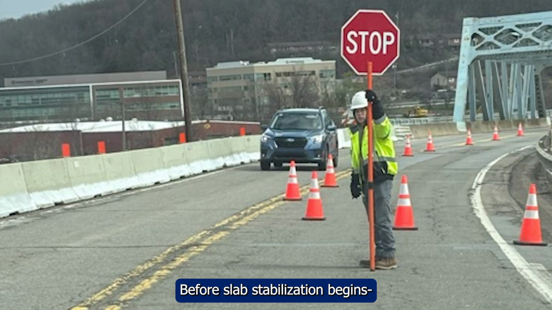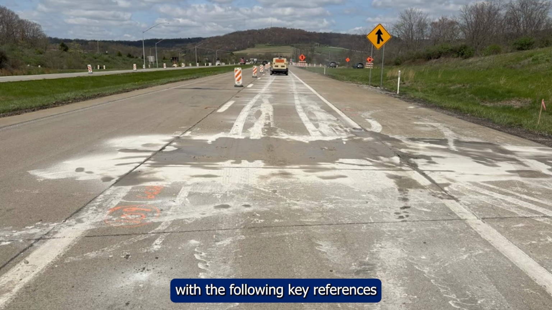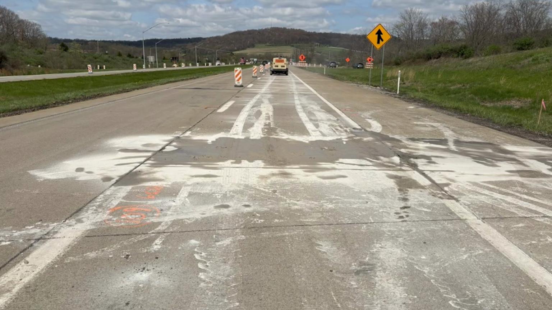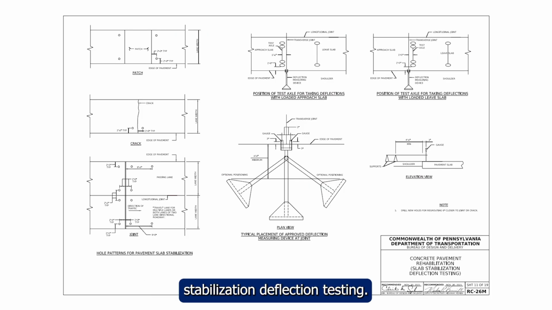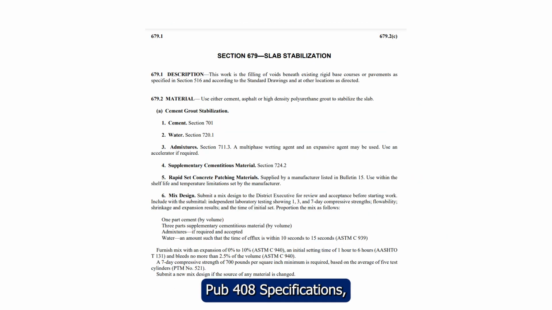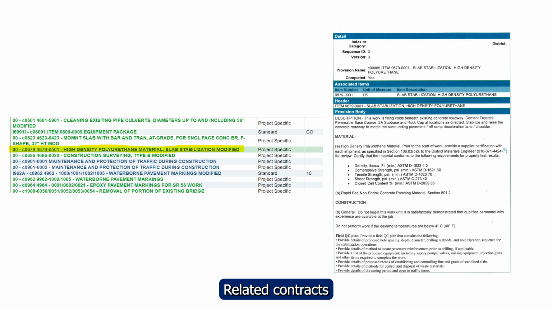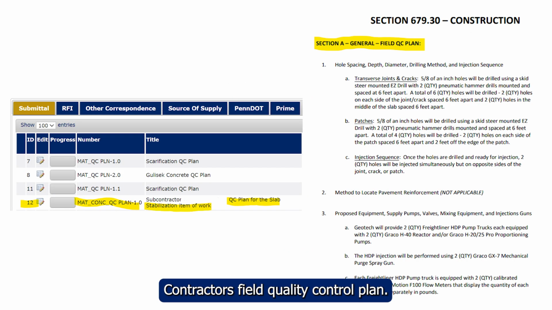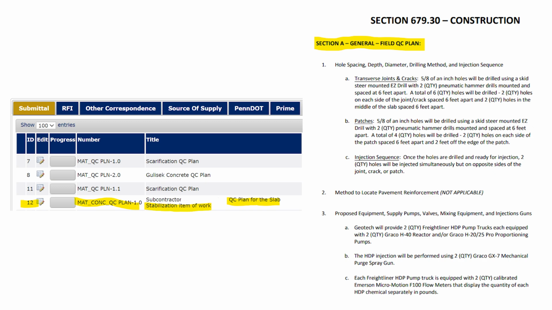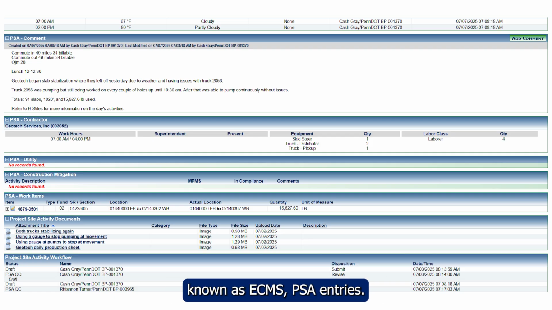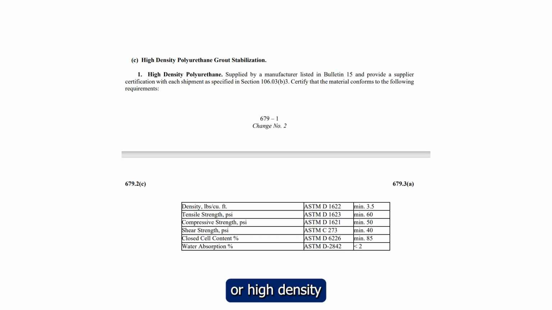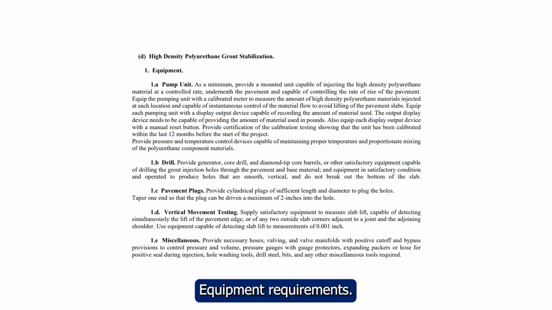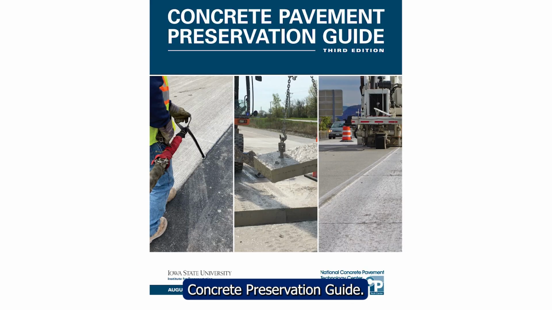Before slab stabilization begins, and at a minimum, the inspector must be familiar with the following key references and components of the operation: RC standards, specifically RC 26M concrete pavement rehabilitation, slab stabilization deflection testing; Pub 408 specifications, section 679; related contract special provisions, if applicable; the contractor's field quality control plan; project documentation procedures, known as ECMS PSA entries; stabilization materials being used, that is, cement grout, asphalt grout, or high-density polyurethane grout; equipment requirements; sequence of operations; and the Concrete Preservation Guide, Chapter 4, Slab Stabilization.